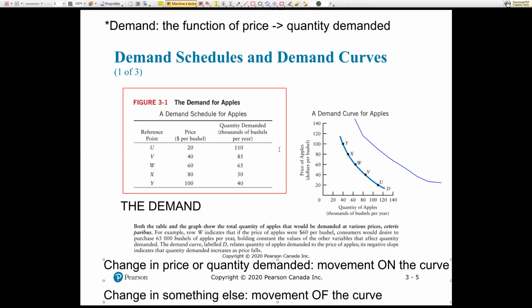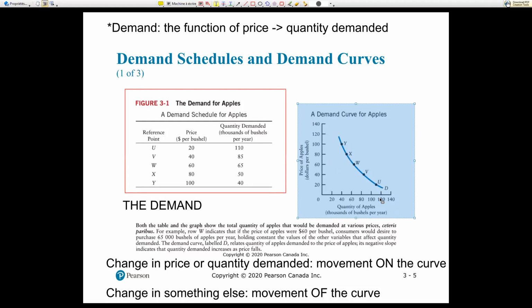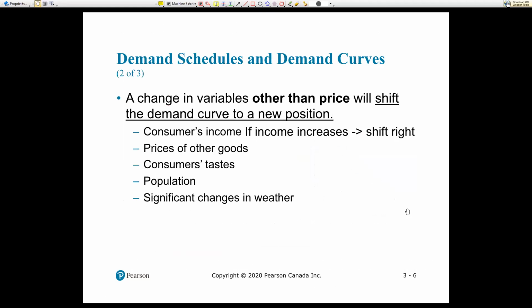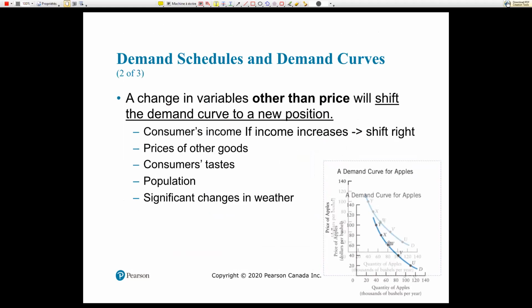So the whole curve is going to shift, say, right and up or left and down, for instance, right? So let me just copy this real quick. Okay, so we can have this as reference.